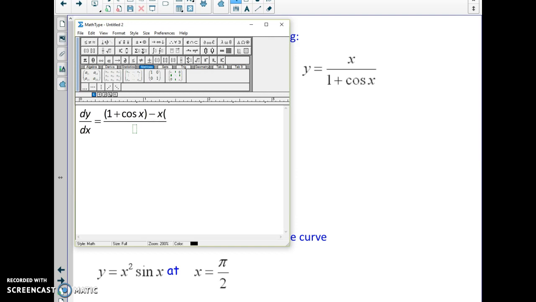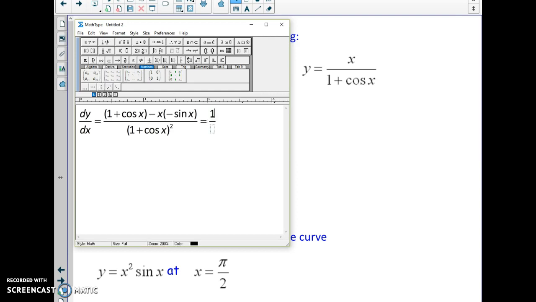So the derivative of the denominator, derivative of 1 is 0. Derivative of cosine is negative sine of x. Low d high minus high d low over low low. So that's going to be 1 plus cosine x, and then the whole thing squared. We are going to simplify this a little bit because this negative and a negative is kind of ugly looking, so we're going to fix that just a little bit.